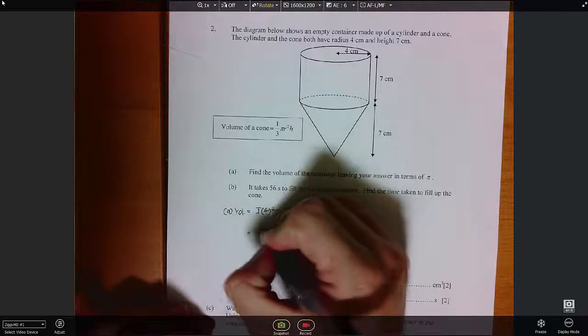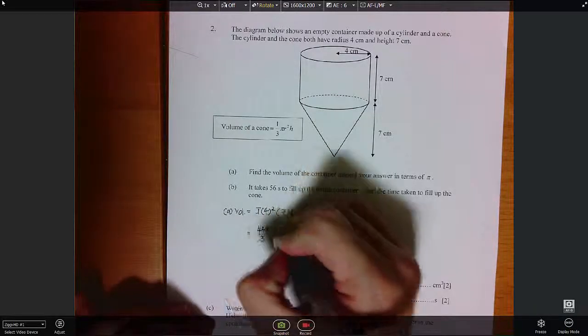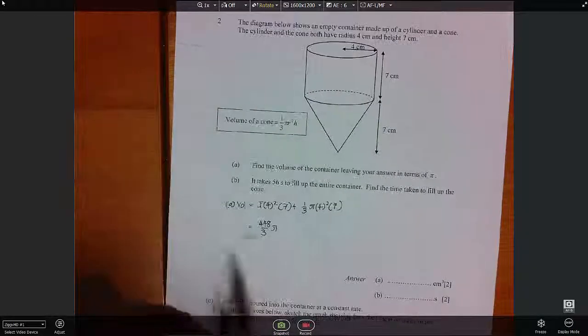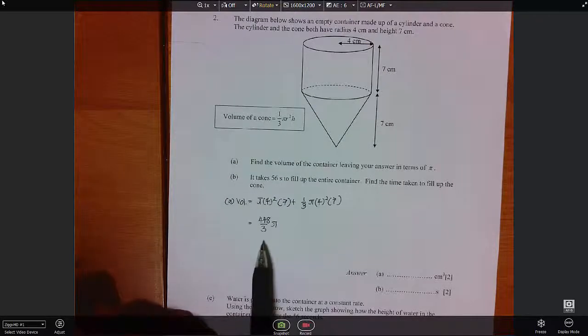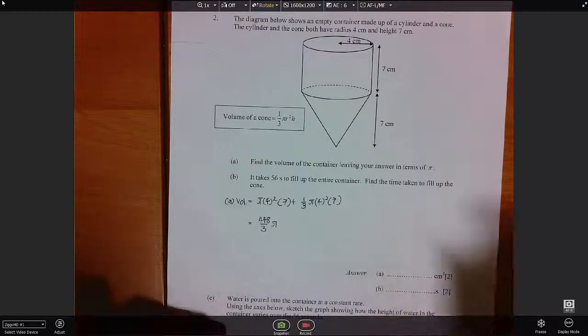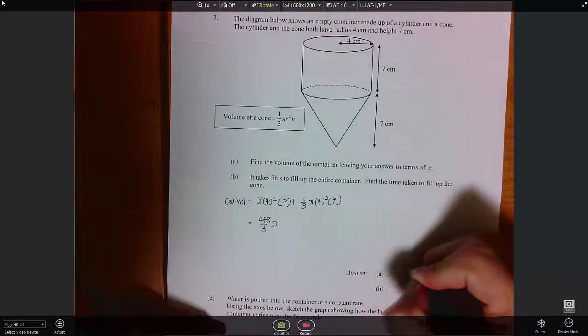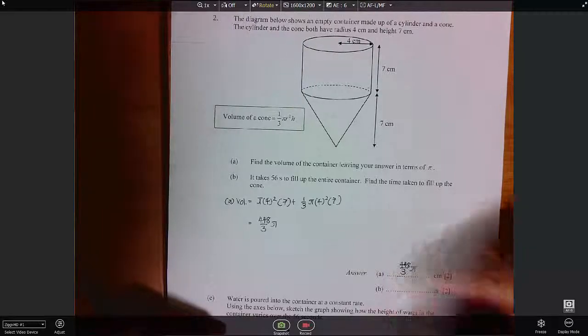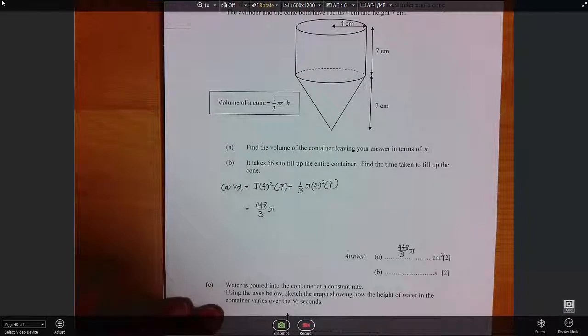In the end you should get 448 over 3 pi. Many of you did not leave this as an improper fraction. You should not leave it as 149 and 1/3 because of this pi here. So you write it as an improper fraction: 448 over 3 pi cm cubed.